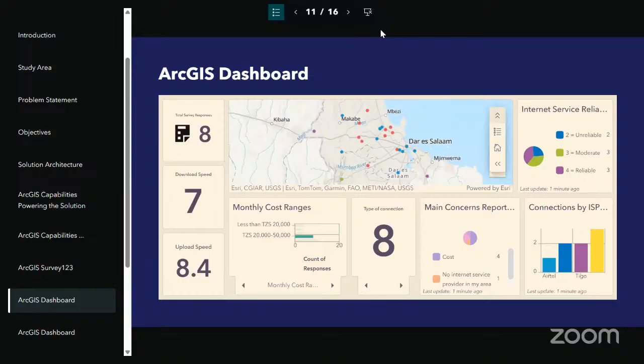Hi, Agape. Hello. We can't hear you. Are you speaking? No, I'm connecting the Field Maps, which is on my phone. Okay. Sorry, a moment.